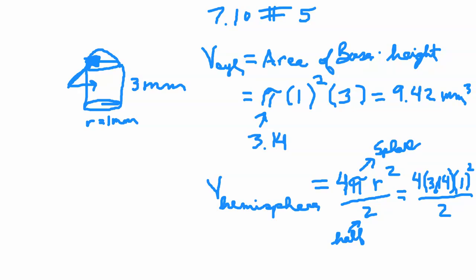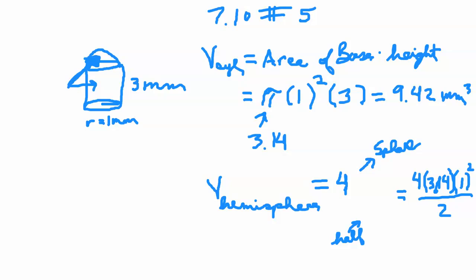No, I'm sorry, I got it wrong. That's the surface area of a sphere. The volume of a sphere is 4/3 pi r cubed. I had the formula for the surface area down.